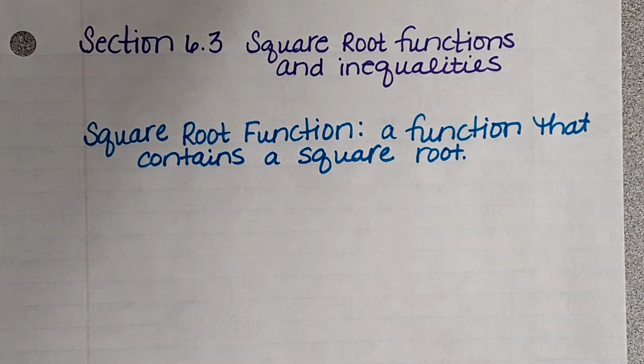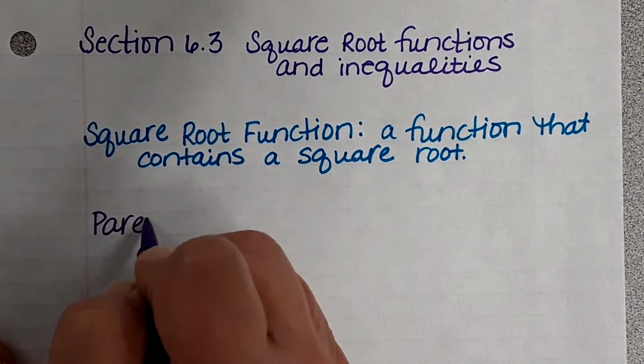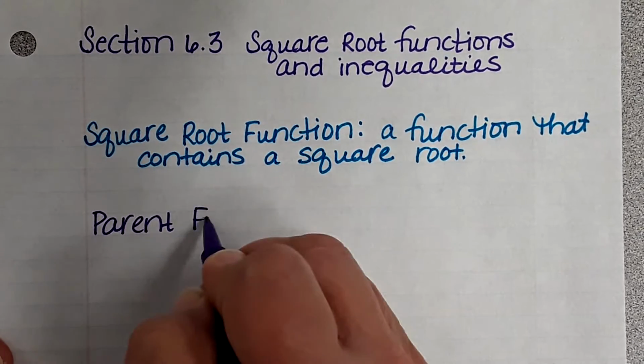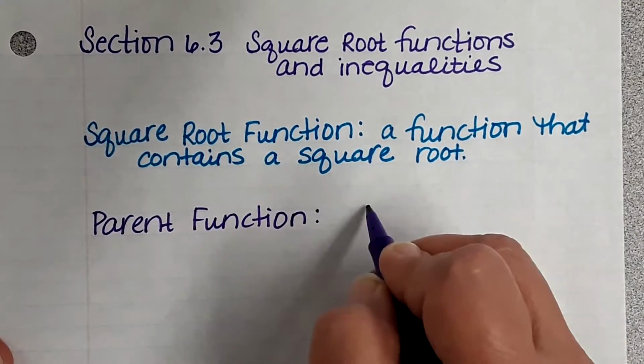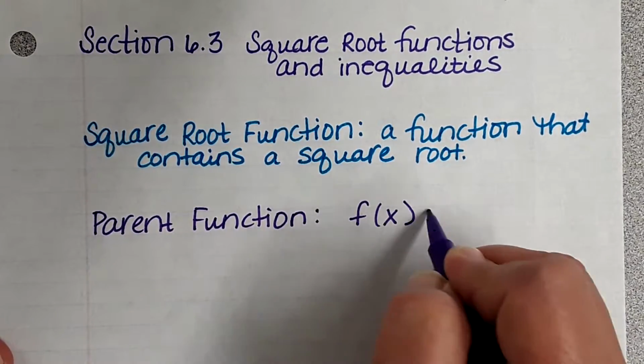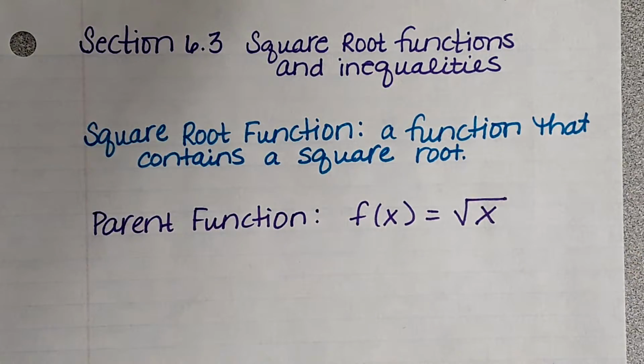So our parent function is f of x equals the square root of x. That's our parent function. That means that's the most basic function. We graph that, and everything is going to be based off this function.